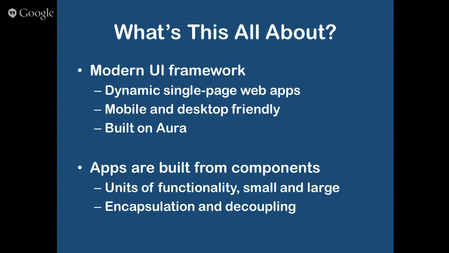You can design your applications for use on virtually any device, and the framework takes care of abstracting some of the differences between them. An example being, you don't need to have separate checks for click events versus tap events. The framework will abstract all those into the same event. It's also built on top of Aura, which, if you're not familiar with, is Salesforce's open source UI framework.